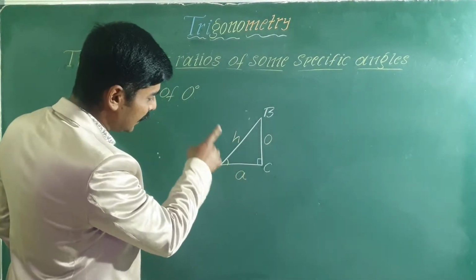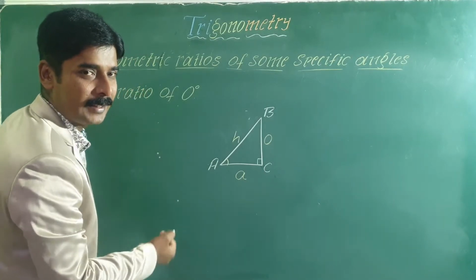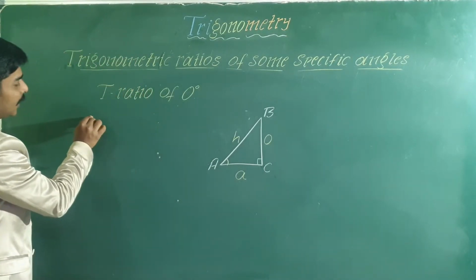For this right angle triangle ABC, let us write the value of all the 6 trigonometric ratios.